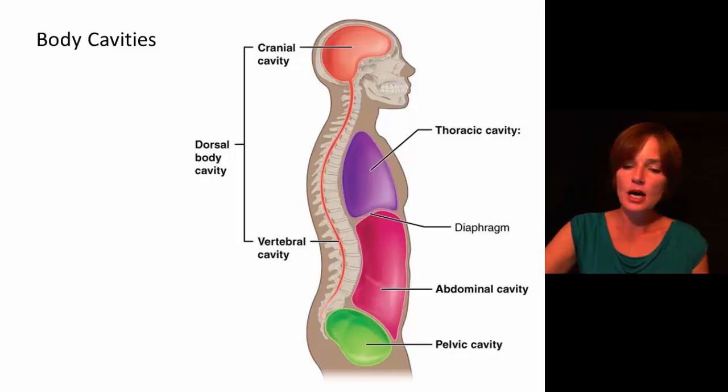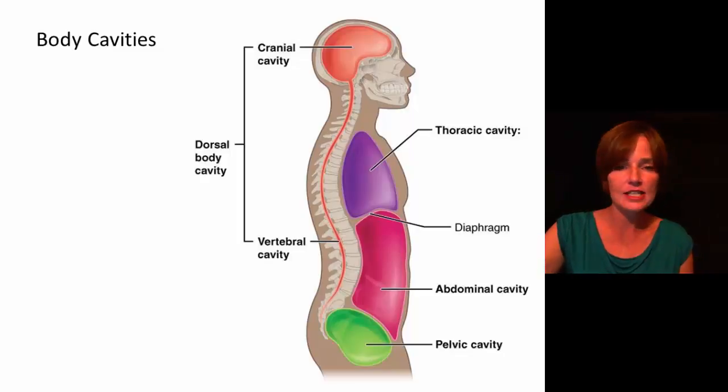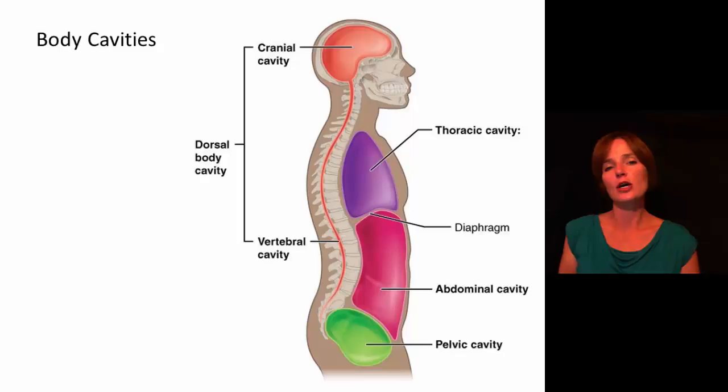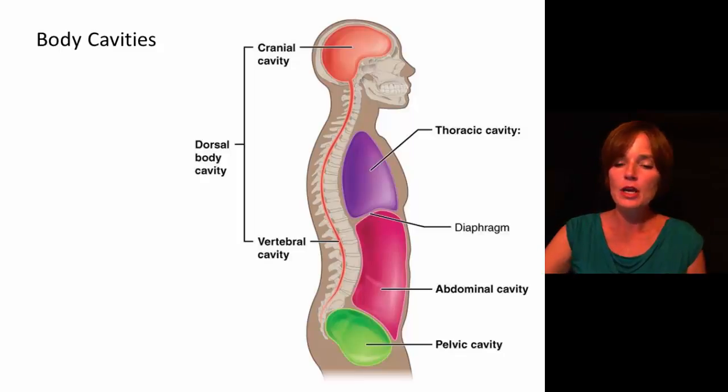There's also some smaller body cavities, and we'll get into those. As far as anatomical terms go, these cavities, especially the abdominal cavity, contain a lot, so sometimes it's helpful to have additional terms that help to divide up the abdominal cavity a little bit more.